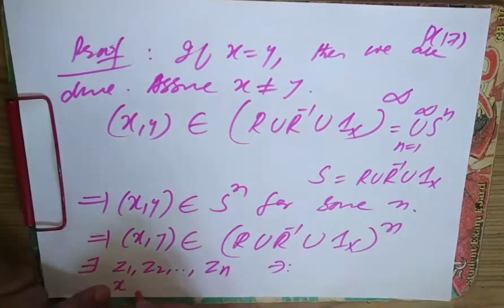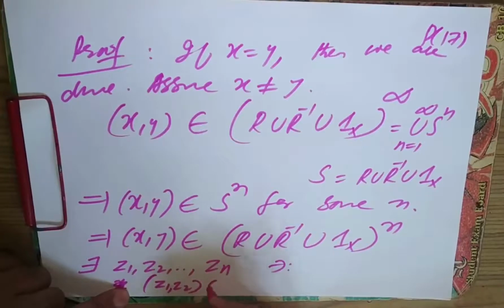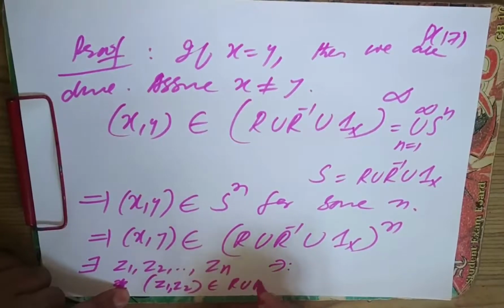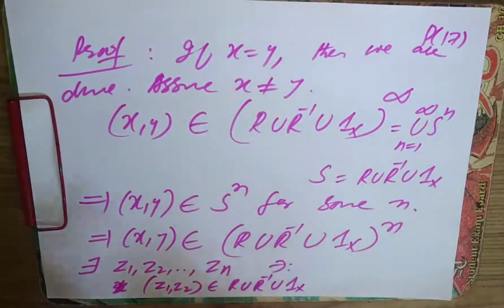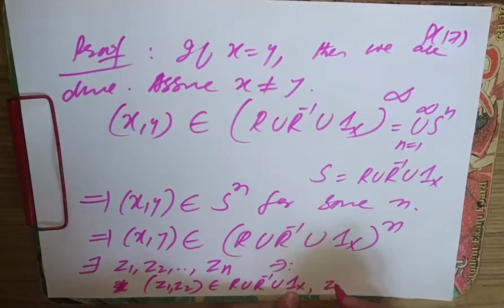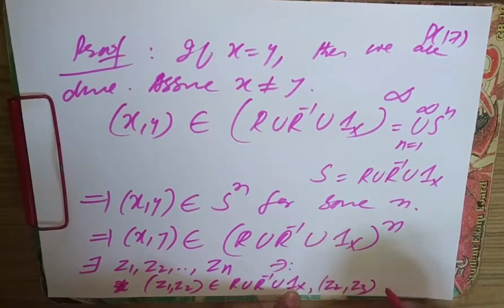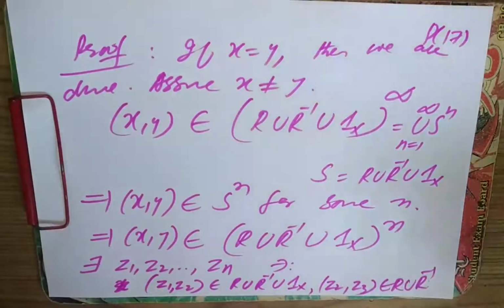So let me write here, such that Z1 comma Z2 belongs to R union R inverse union Ix. If there is an equality at a certain stage, then we can remove that part. And Z2 comma Z3 belongs to R union R inverse, and so on, Z3 Z4 up to Zn minus 1 Zn.